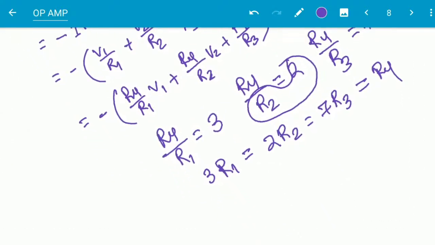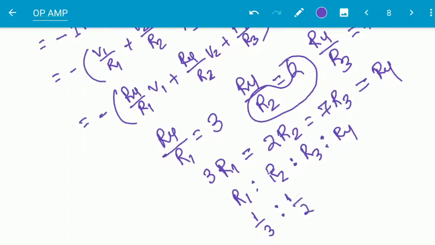And if we find out the ratio, then R1 is to R2 is to R3 is to R4 will be 1 by 3 is to 1 by 2 is to 1 by 7 is to 1.